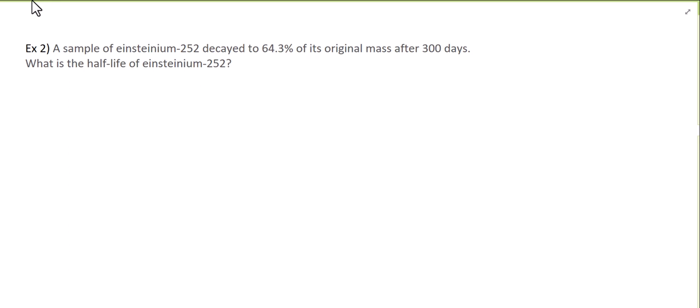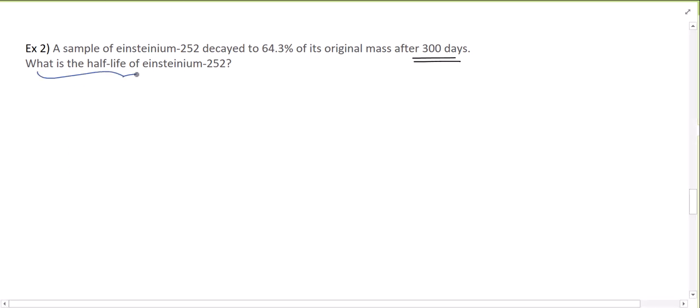So we have the sample of this isotope decayed to 64.3% of its original mass after 300 days. And what we're looking for is the half-life, which is a measure of time.